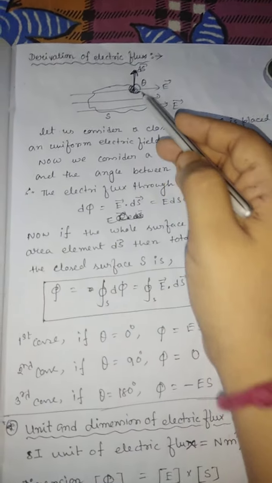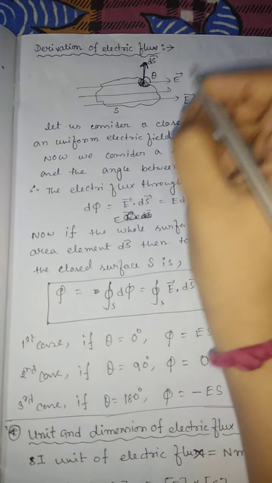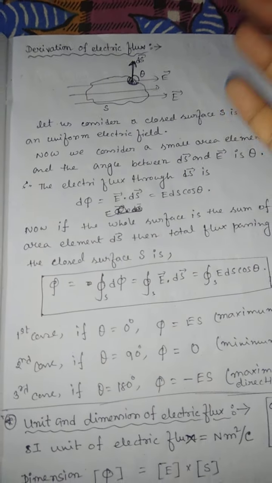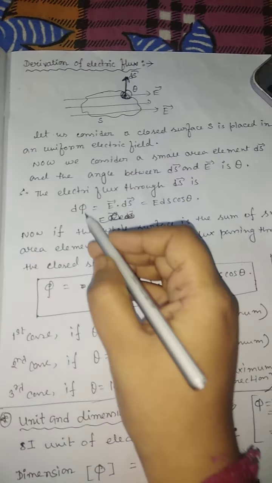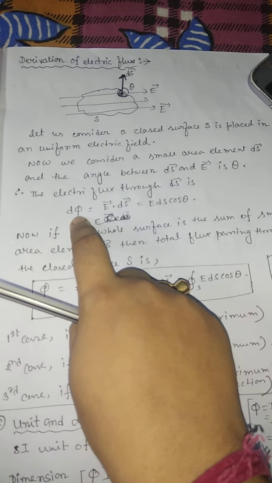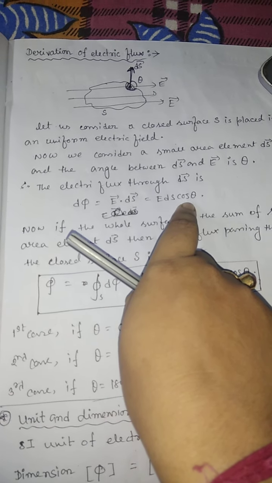Only for this area element, the number of electric field lines through ds perpendicularly is called electric flux. Because this is a small area element, the electric flux is also small. So d phi equals E dot ds, E ds cos theta.